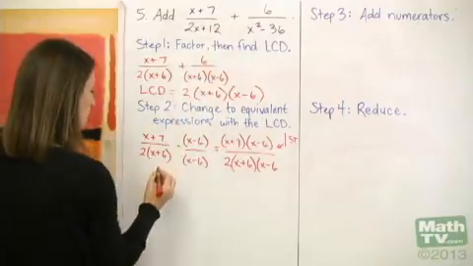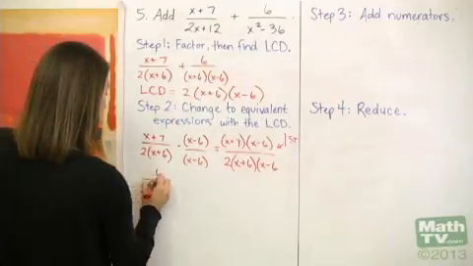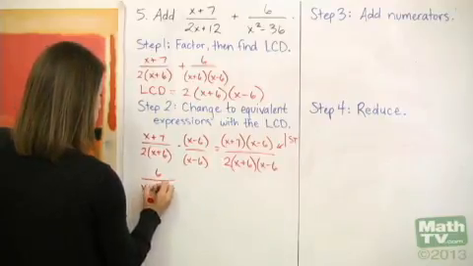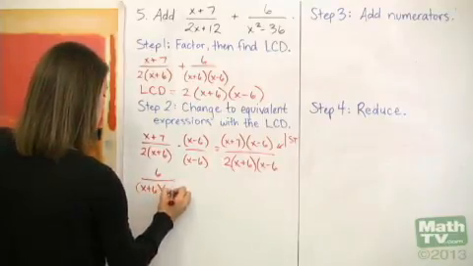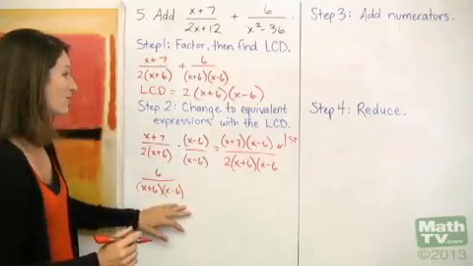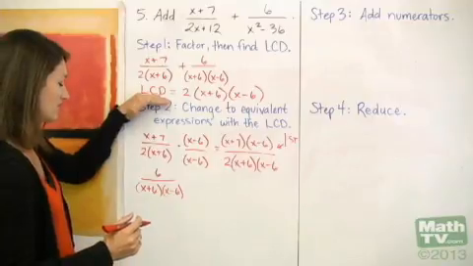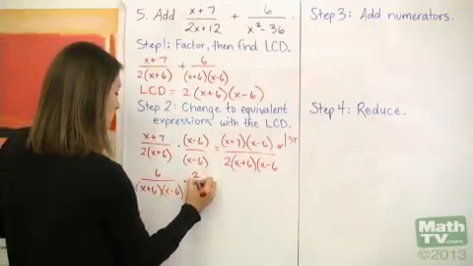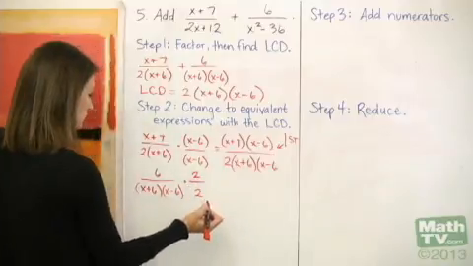Now for our second expression, we have 6 over x plus 6 times x minus 6. So here, the only factor that's missing that will make our LCD is the 2. So we multiply our numerator and our denominator by 2.